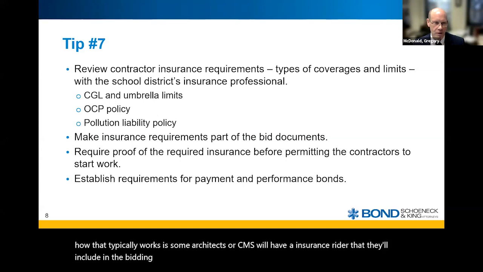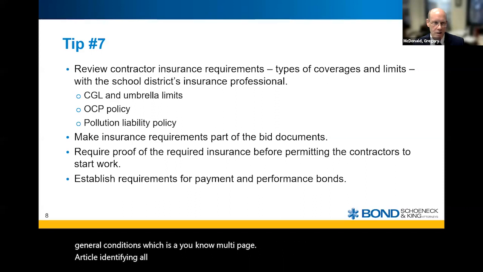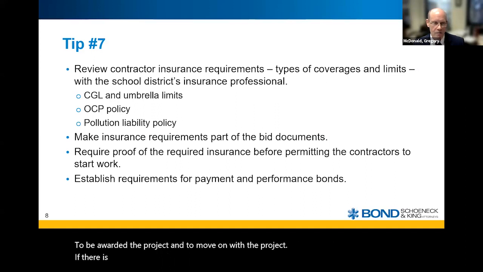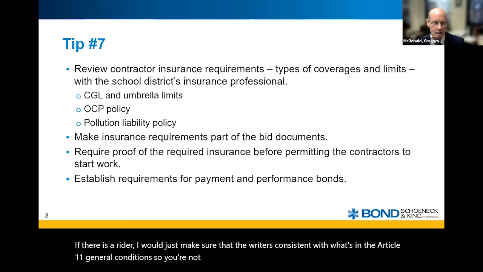We put them generally in the Article 11 of the general conditions, which is a multi-page article identifying all the different required insurance for the project that the contractor and or its subcontractors have to provide to be awarded the project and to move on with the project. If there is a rider, I would just make sure that the rider is consistent with what's in the Article 11 general conditions, so you're not having two separate sets of insurance requirements.